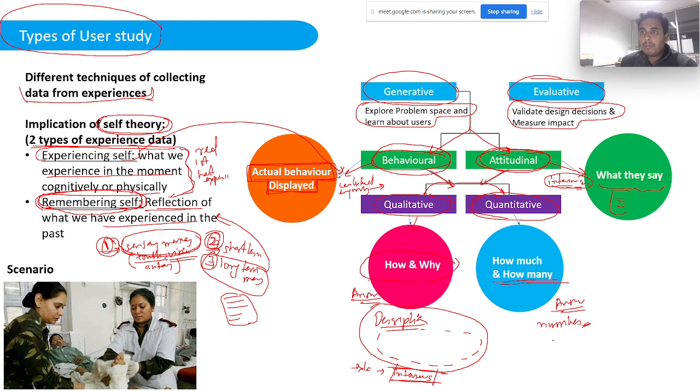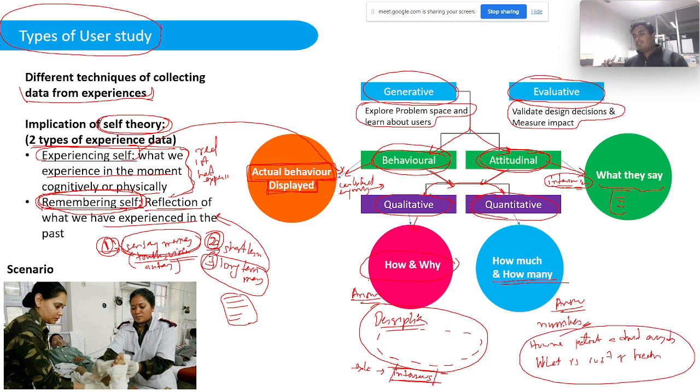So if you want to know how many, or how much, or how many patients are admitted every day, or if you ask what is the cost of a treatment, all these enquiries give you results which are quantitative in nature. An example technique is the questionnaire.